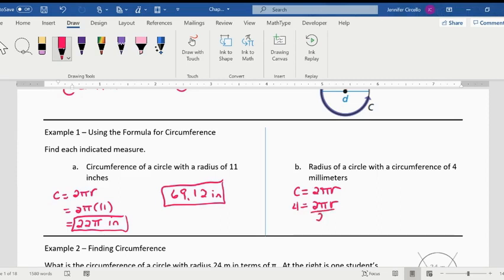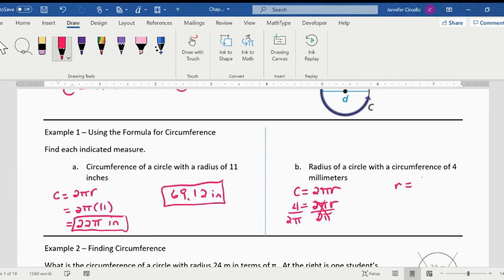So 2 pi is a number. That means I can divide by it, so it cancels out on the right side. On the left side, I get that. So once again, if I say leave your answer in terms of pi, then you need to simplify as much as you can without putting pi in the calculator. And I know 4 divided by 2 is 2.